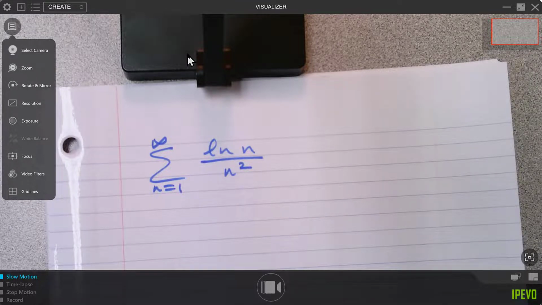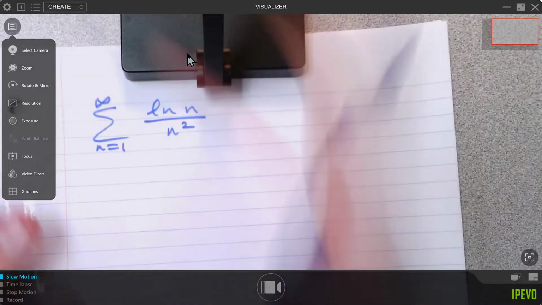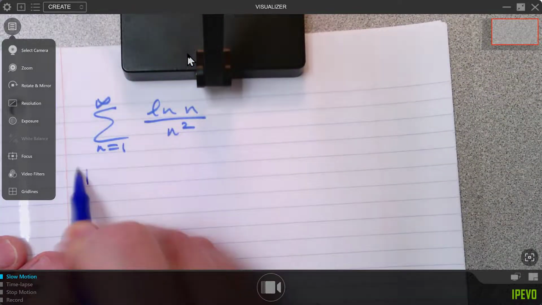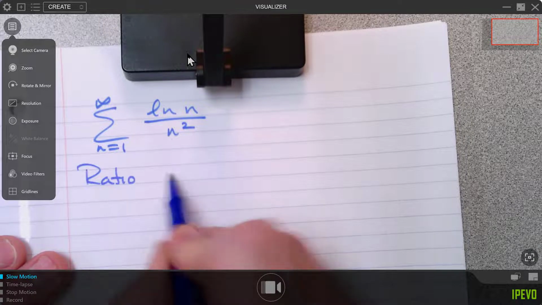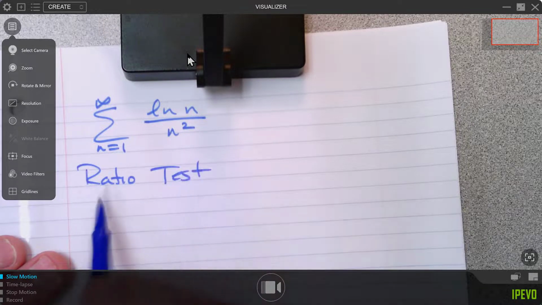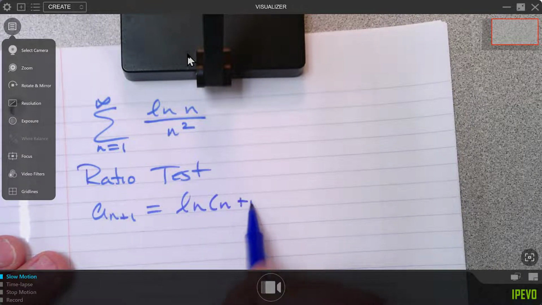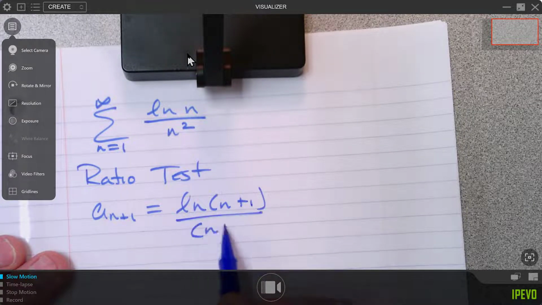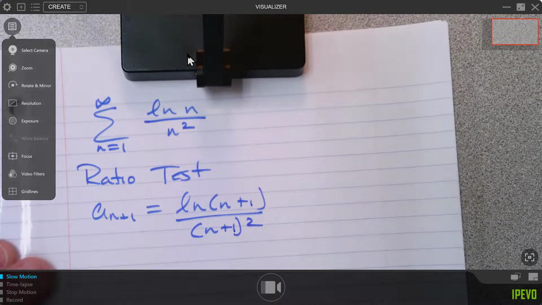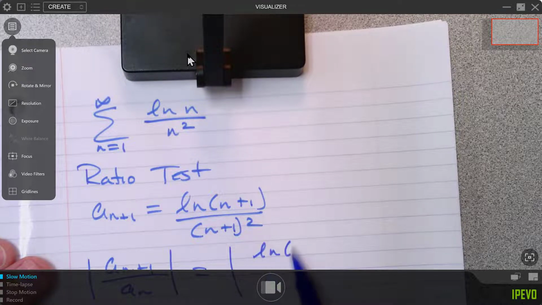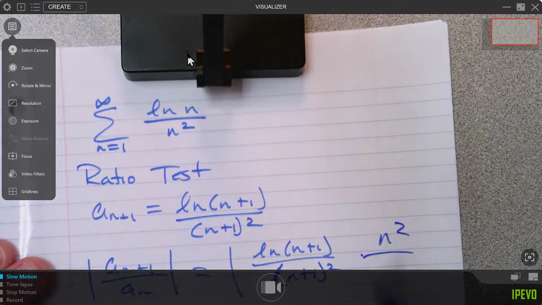So let's try the ratio test. The absolute value of the ratio of the n plus first to the nth term is the natural log of n plus 1 over n plus 1 squared times n squared over ln n.